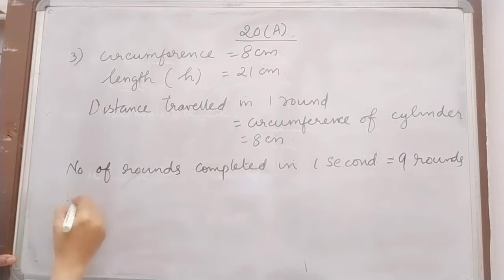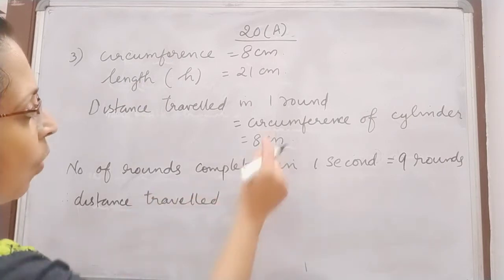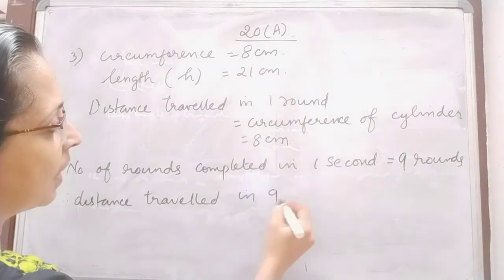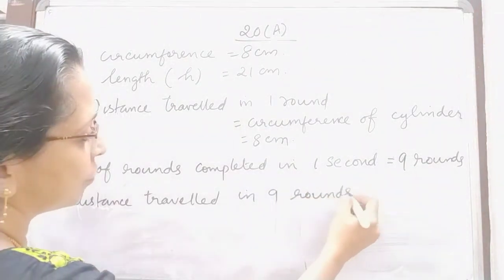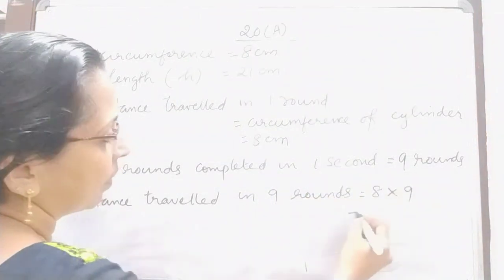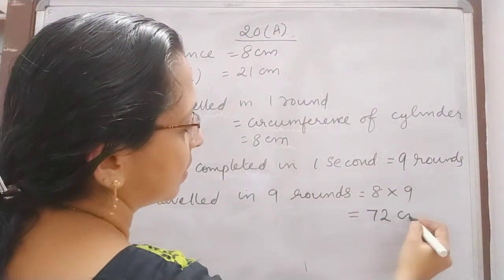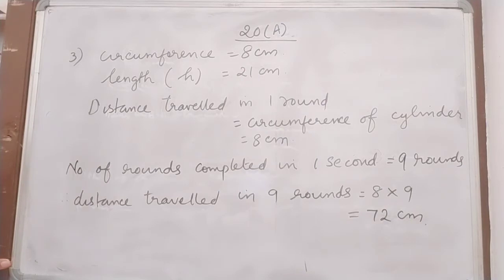So what will be the distance for 9 rounds? In 9 rounds it is equal to 8 into 9, 72 centimeters.